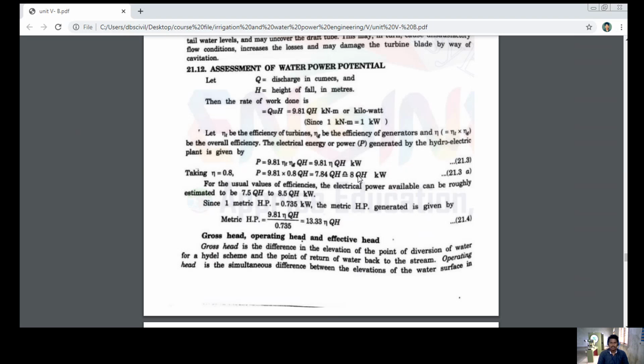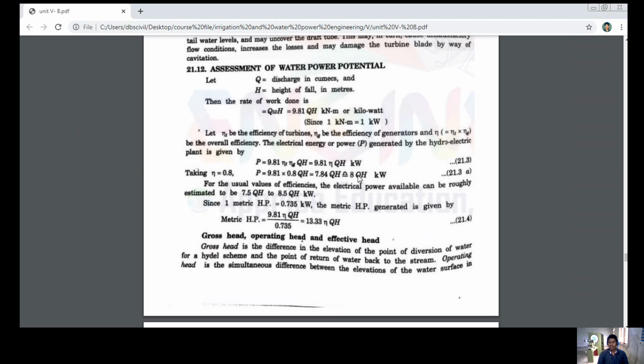Let eta T be the efficiency of turbines and eta G be the efficiency of generators, and eta is equal to eta T into eta G, the overall efficiency.